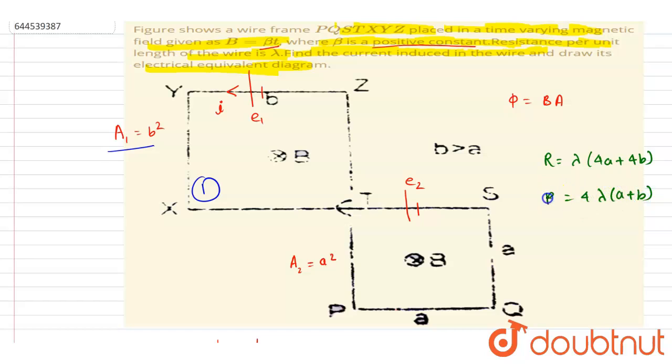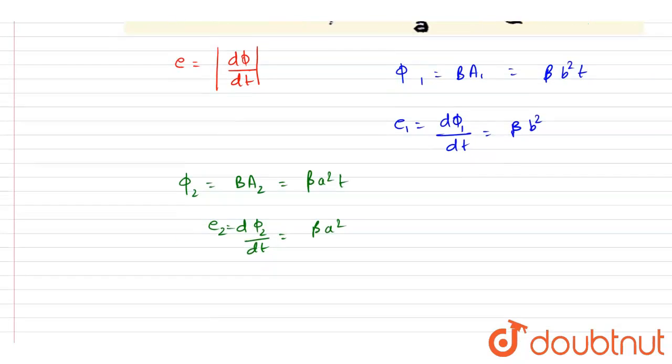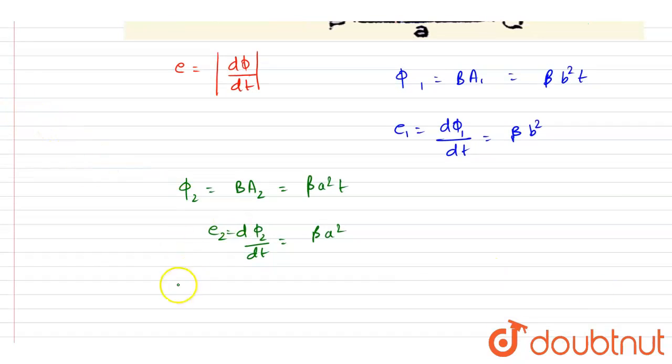This will be the total resistance, and the net EMF will be E1 minus E2. Here B is more, so we get beta times B square minus A square.